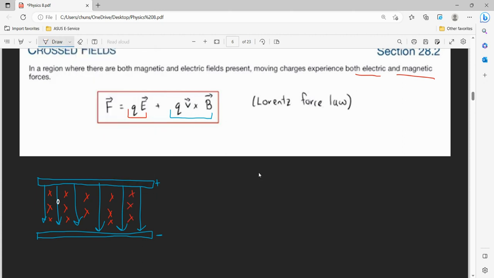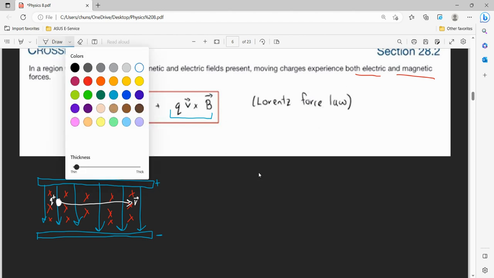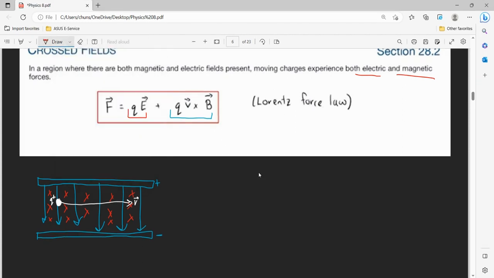So if we had, let's call this a proton, traveling in this direction undeflected, let's first find, I should put velocity, let's find where our magnetic force will be pointing.